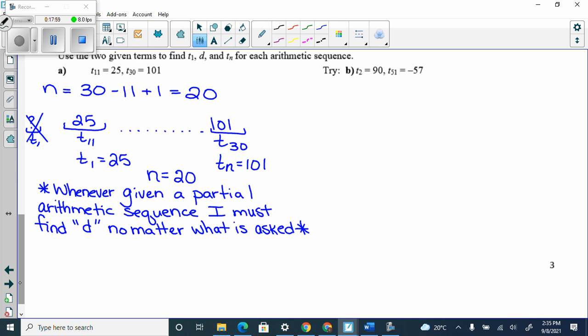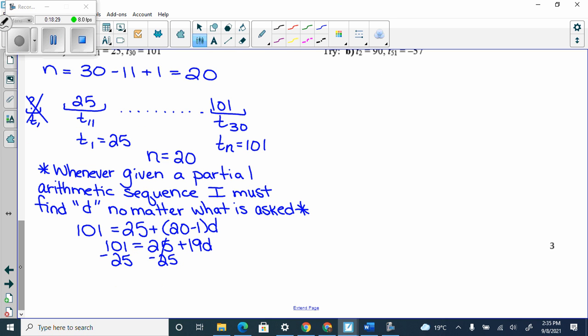So my Tn is 101 equals T1, which is 25, plus n minus 1, which is 20 minus 1, times D. So I get 101 equals 25 plus 19D. Subtract 25, and I get 76 equals 19D.